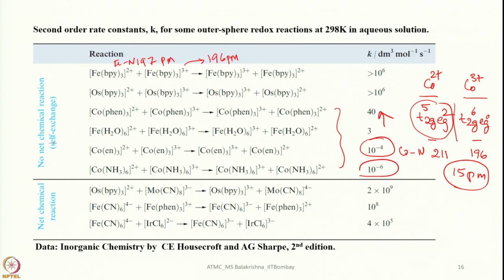All self exchange reactions involve cationic species in aqueous solutions. The rates of these reactions are typically not affected by the nature or concentration of the anion present in solution. So, as long as we have cationic species, the rate is independent of the concentration of the anion present in solution, as long as we have another counter cationic species in the reaction sphere.